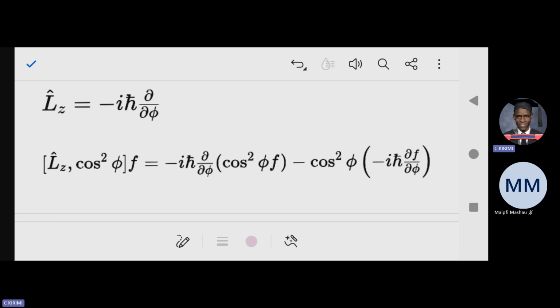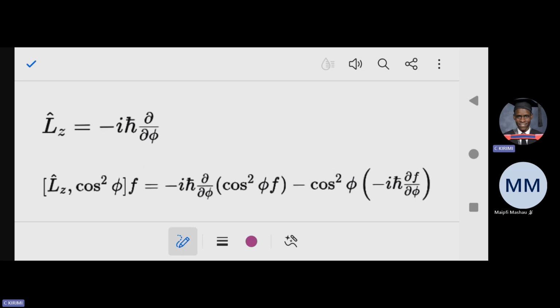Where there's LZ, you put this. This is your LZ. So where there is cos squared phi, partial, so your LZ is partial i h bar, and then there is the F, which was always sitting on the right.